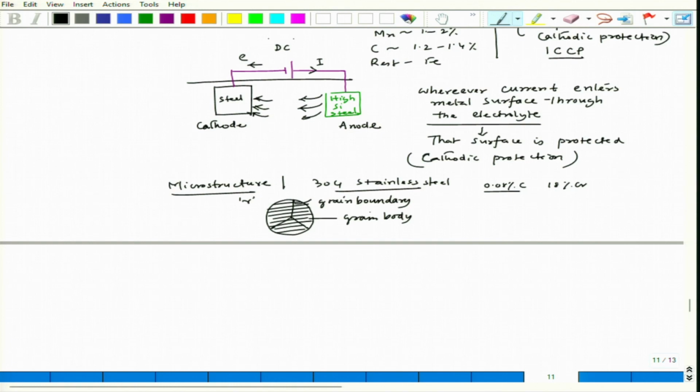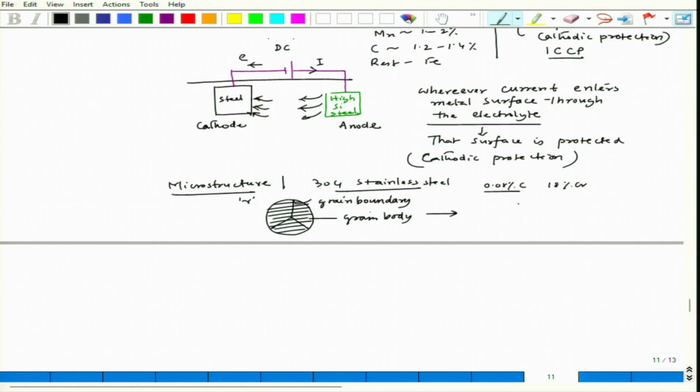But if there is a change in the processing, let us say during welding of two blocks or two plates of 304 stainless steel, if we use a slow cooling after you finish your welding, and this welding requires going to the molten state, and when you cool it slowly, and if it is cooled slowly between around 450 to 700 degrees Celsius, around that temperature, there could be possibility of chromium carbide precipitation along the grain boundary.